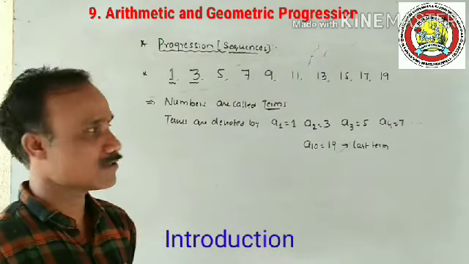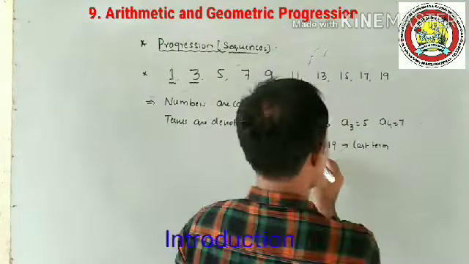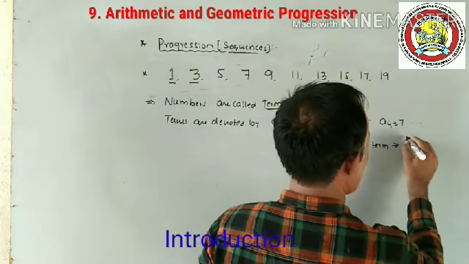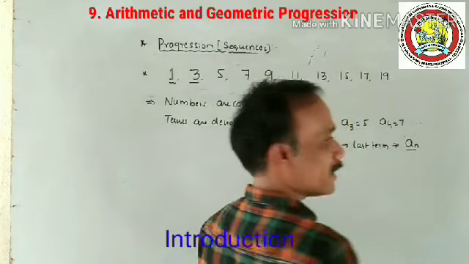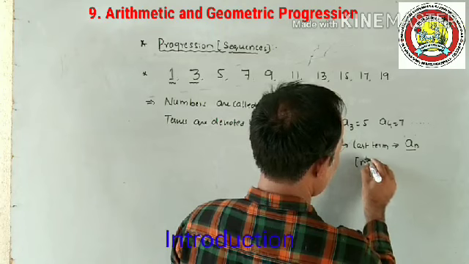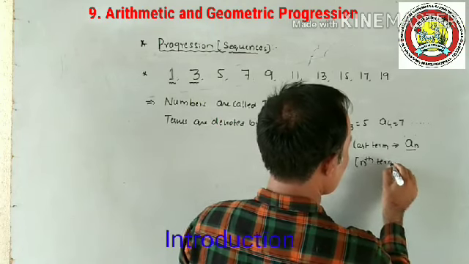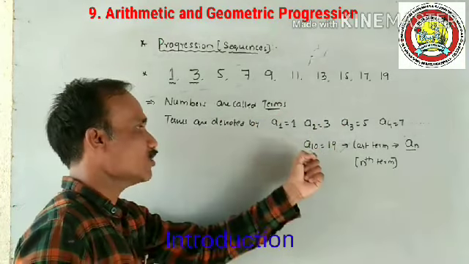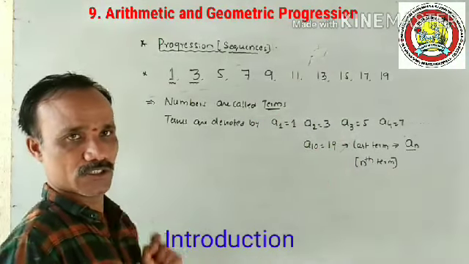So the last term is A10. The last term is generally denoted by An, or the nth term. These are all very important symbolic notations.